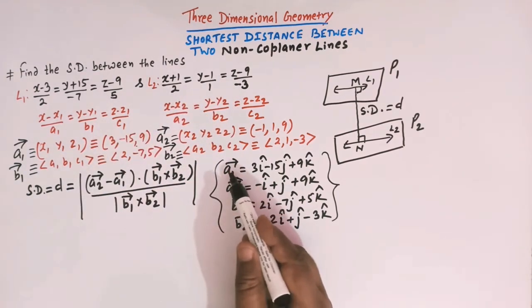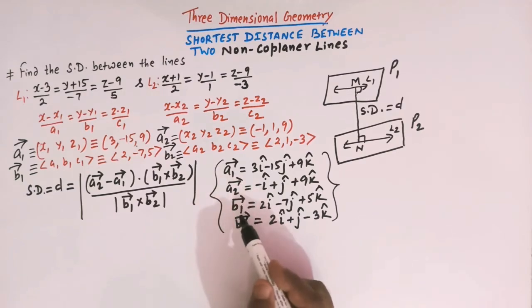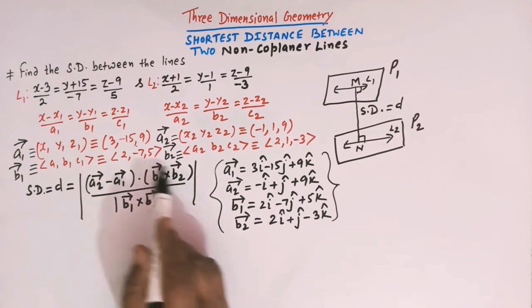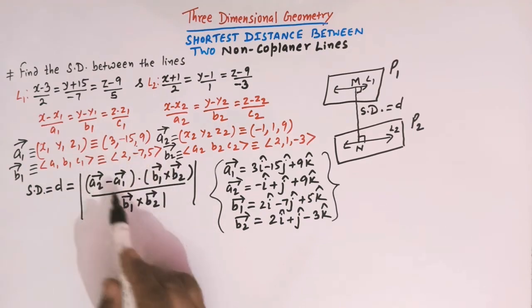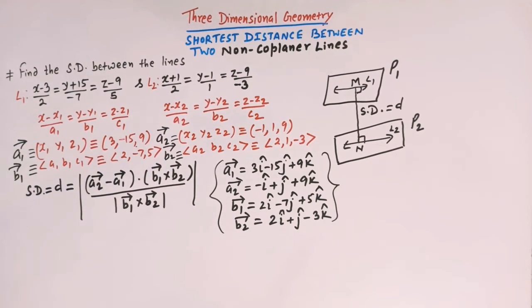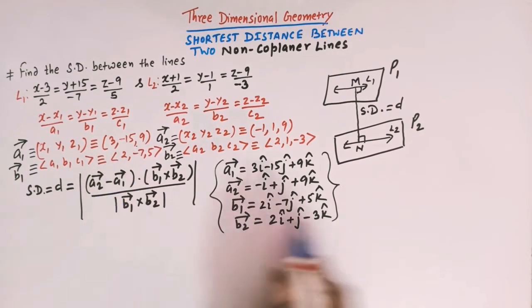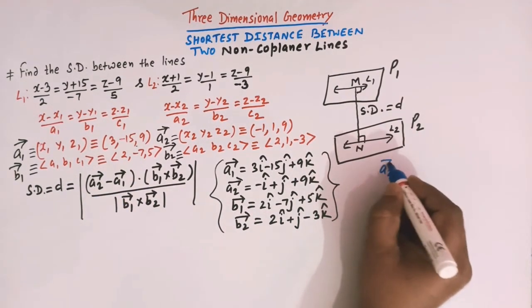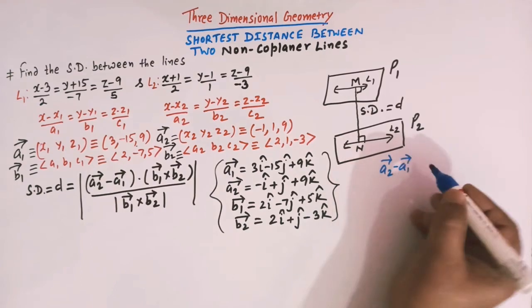So now we have vector a1, vector a2, vector b1 and vector b2, and now we can calculate these three quantities. Let us first calculate vector a2 minus vector a1.